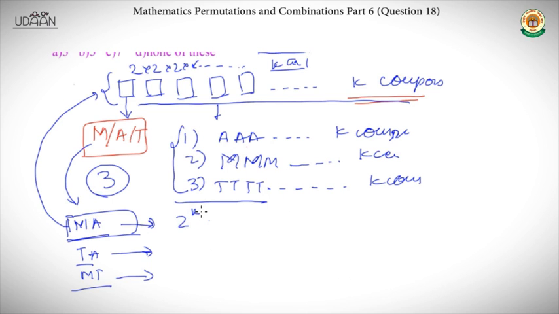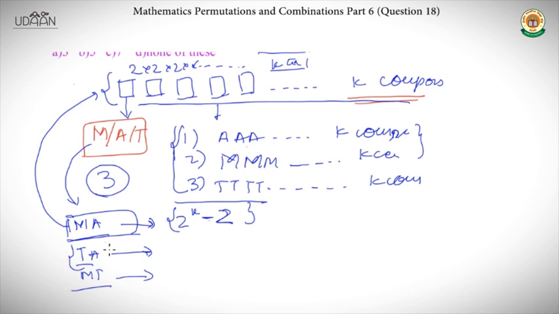We have 2 to the power k ways. But here we have to be careful. We have considered the cases here in which all of them are A's and also in which all of them are M's. But we have already considered these cases above. So we have to subtract these cases. So the total number of ways in which we have M and A both is 2 raised to the power k minus 2.